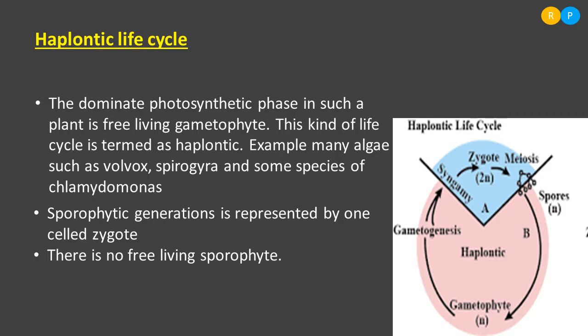So this kind of life cycle is what we call the haplontic life cycle. Understood? So the haplontic life cycle shows the dominant haploid phase, and the short-lived single-celled zygote shows the sporophytic generation. Understood, right? So this is the haplontic life cycle.